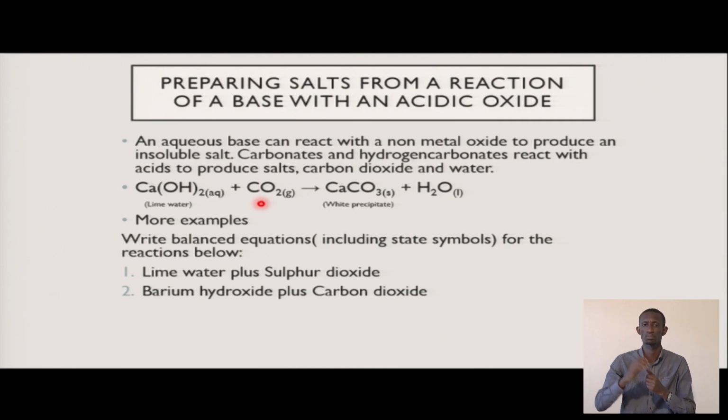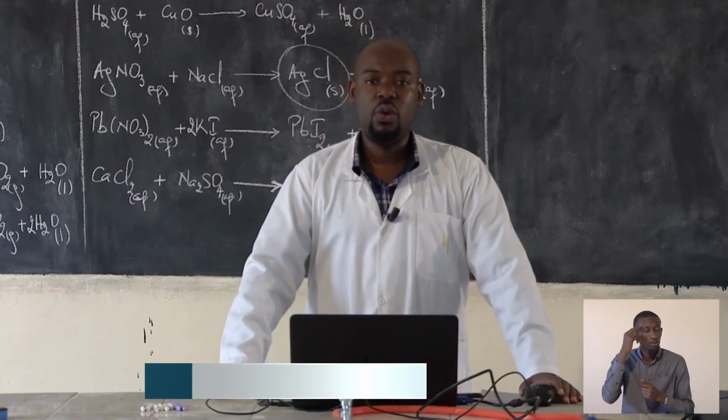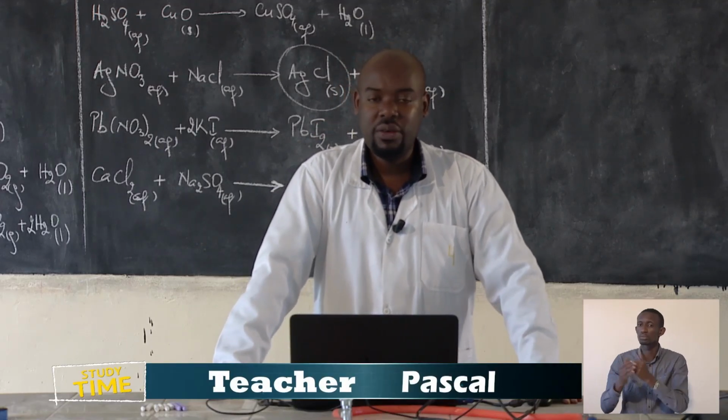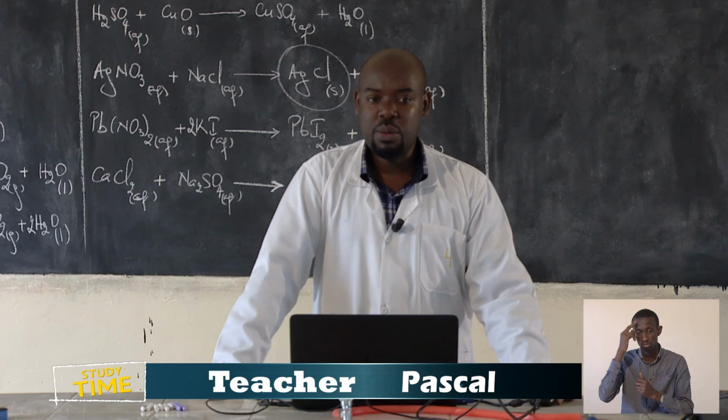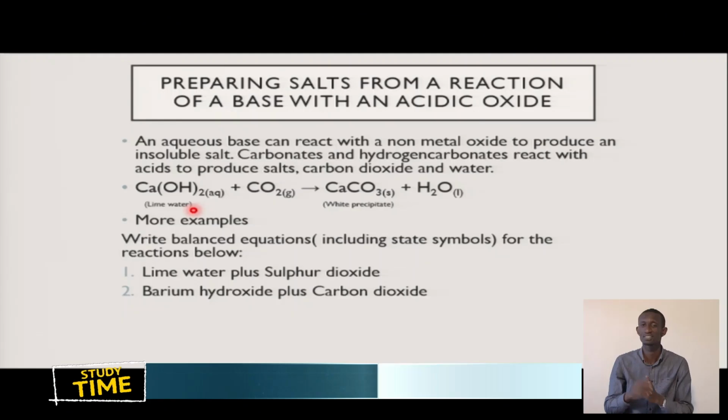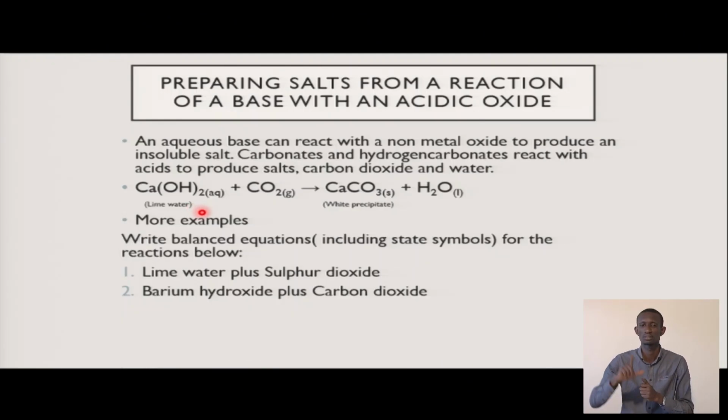One question, do you remember the special name we give to a solution of calcium hydroxide? It's written somewhere here. It's called lime water. So lime water reacts with carbon dioxide. Remember, in biology, it is this lime water we use to test for the presence of carbon dioxide.